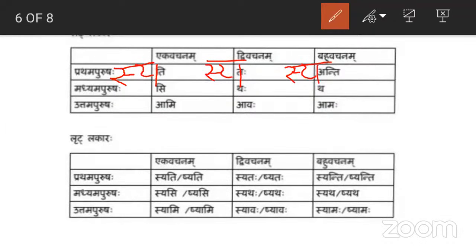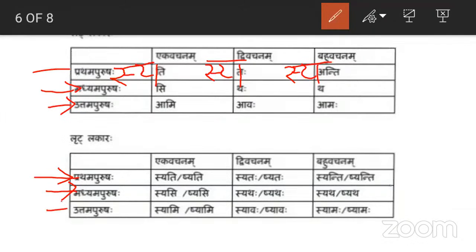Like this. Now see, syati, syatah, syanti. See, same is here. Syati, syatah, syanti. Right? The Madhyam Purush will become syasi, syathah, syath. See here, check. Syasi, syathah, syath. And Uttam Purush, syami, syavah, syamah.